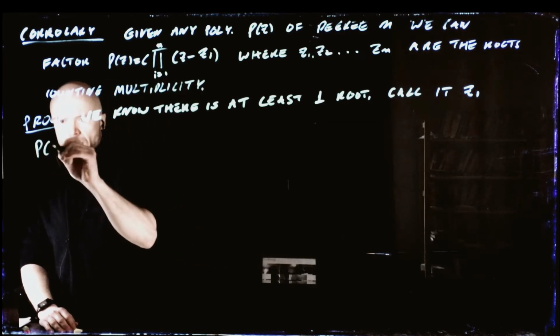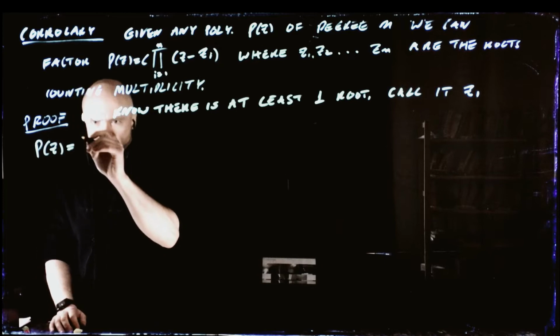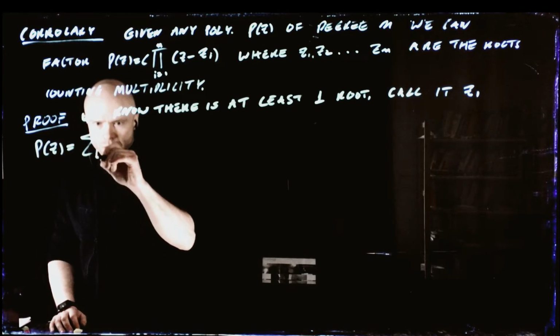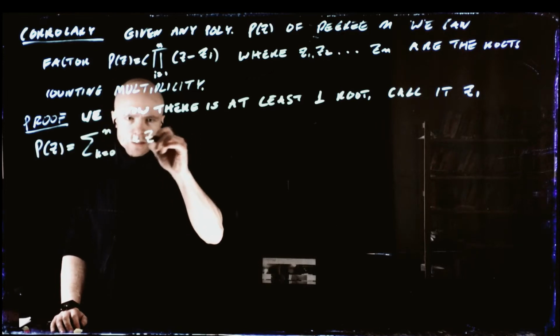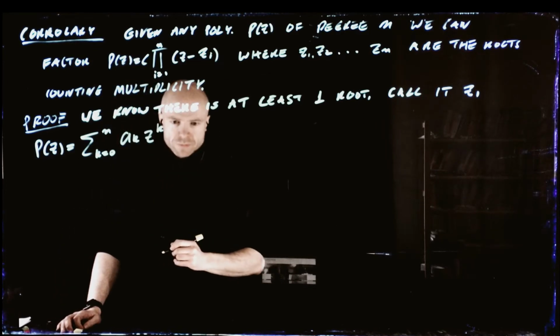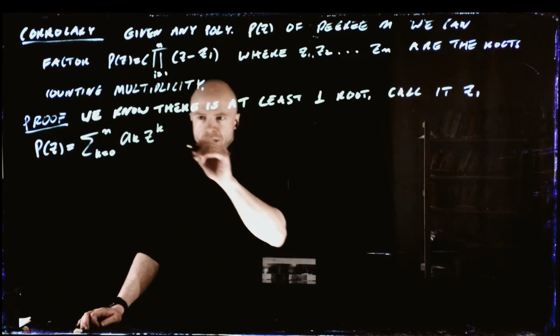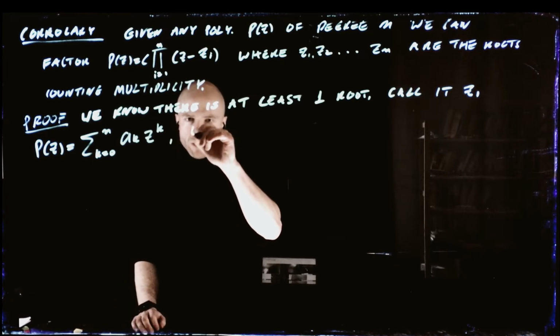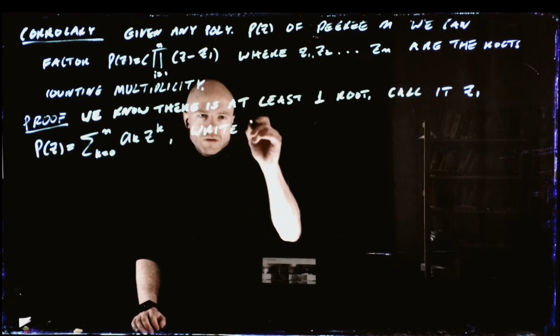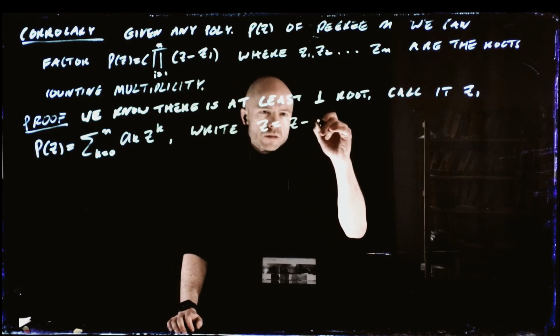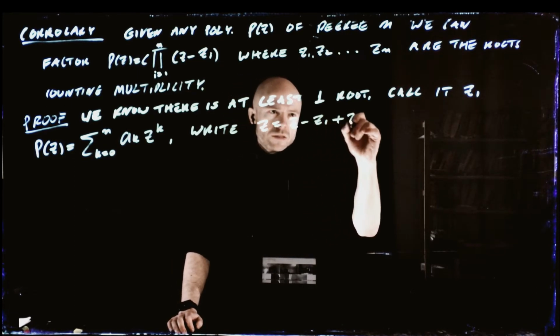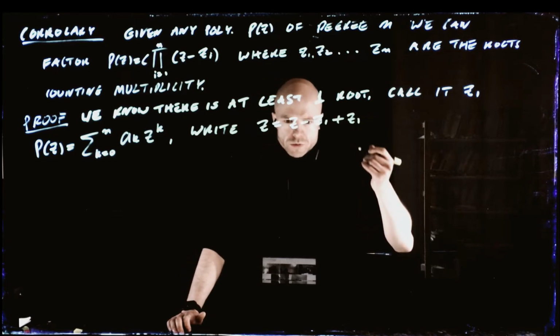All right, so let's give ourselves the coefficients for this thing. It's the sum from k equal to 0 up to n of ak z to the k. Yeah? And then write that z is equal to z minus z1 plus z1, which is obviously true.